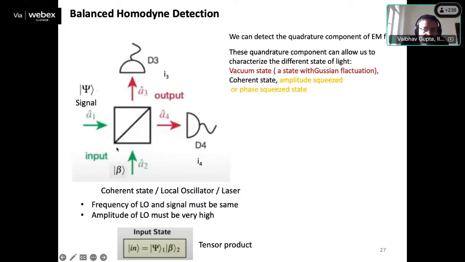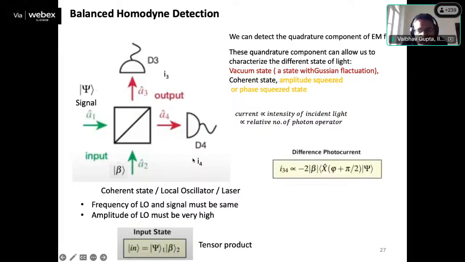Once we apply these signals, this input signal, there will be an associated current. And we know that current is proportional to the incident light, which is proportional to the photon number. So if we know how photons operate on a beam splitter, we can find out what current is I3, what current is I4. There is a particular math which one can do.